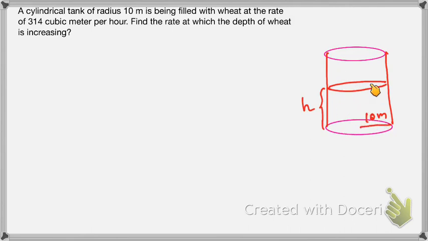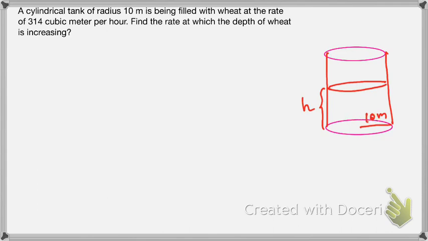So what we are doing here is we are pouring wheat into this cylindrical vessel at the rate of 314 cubic meter per hour. So if you are pouring 314 cubic meter of wheat into this every hour, that is the rate of change of volume.